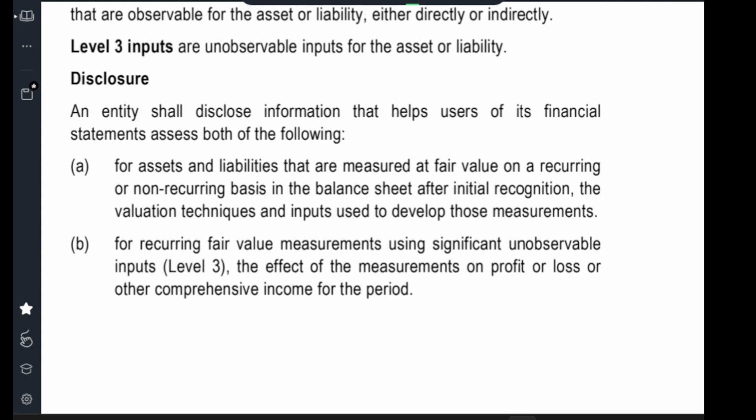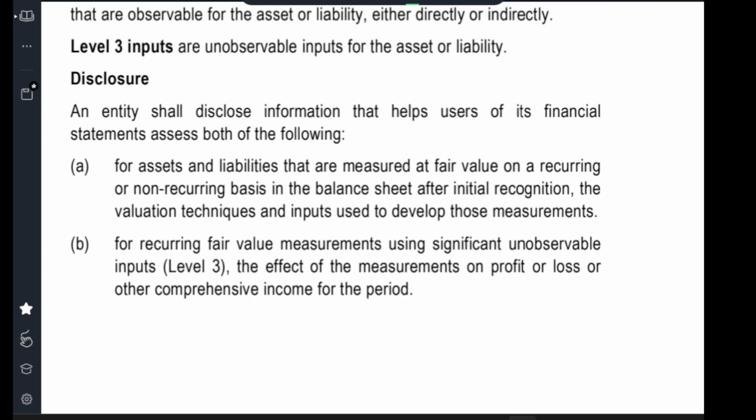Second, recurring fair value measurements using significant unobservable inputs, level 3. Sometimes we may use level 3 inputs to value because we don't have level 1 quoted prices. And the effect of the measurement on profit and loss or other comprehensive income for the period. In that case, we may need to recognize the income or loss in other comprehensive income for that period, and we should disclose it.